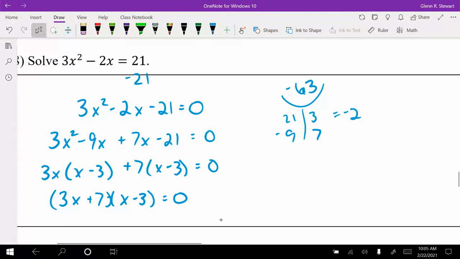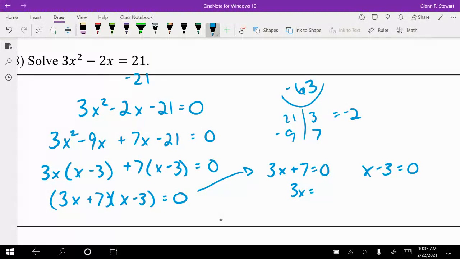And then I've got to split this up. So 3x plus 7 equals 0. x minus 3 equals 0. And there's our two solutions, negative 7/3 and positive 3.